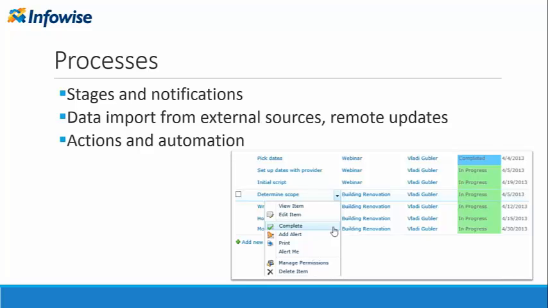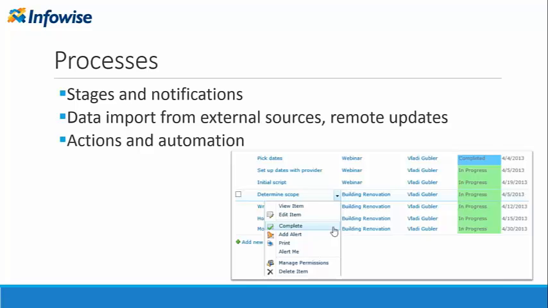You can do things like data import and export from external sources, such as emails, databases, web services, and we can even do things like remote updates. For instance, we can update an existing item in a list based on data coming from an email, such as remote approvals via email from a mobile device.